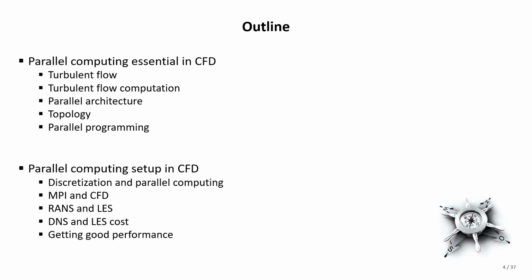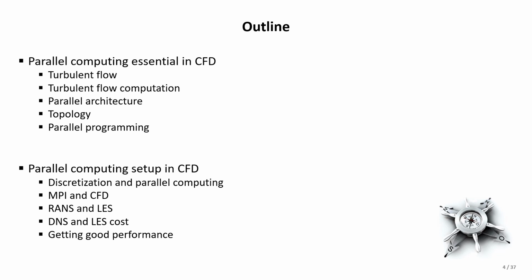Outline of this lecture: we will have two parts. In the first part, we will talk about parallel computing essentials in CFD. We will have a short talk about turbulent flow and what the crucial matters are in this area. Then we will have parallel architecture, which is related to CFD applications in the turbulent flow area.